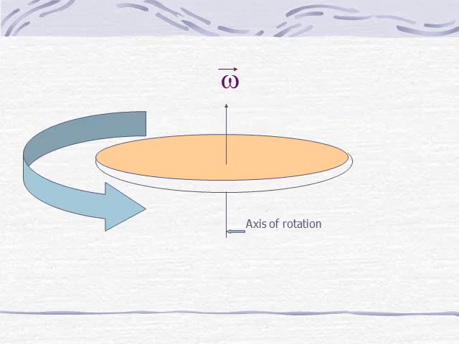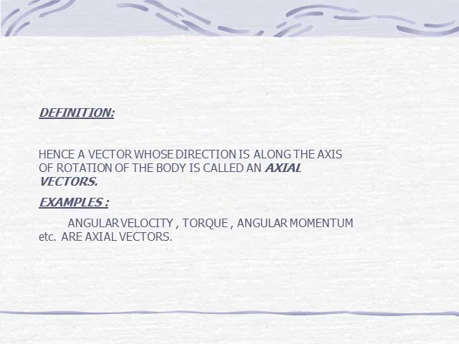This situation is shown in this diagram. This one is the anti-clockwise direction, and this omega is the angular velocity, and this one is the axis of rotation.